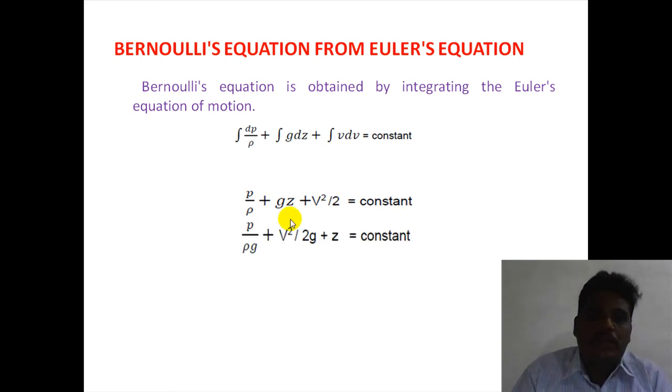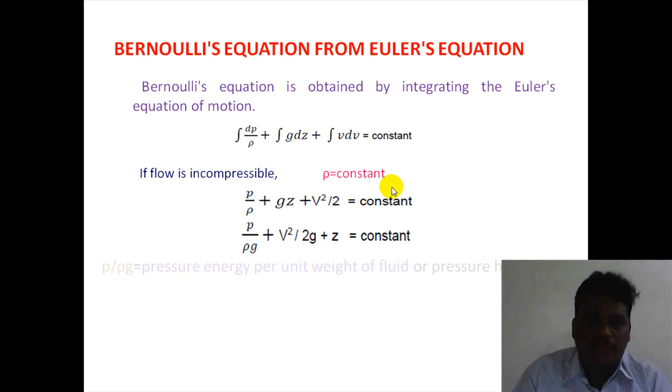Now dividing g on both sides, we get p by rho g plus V square by 2g plus z is equal to constant, where rho is constant for incompressible flow.